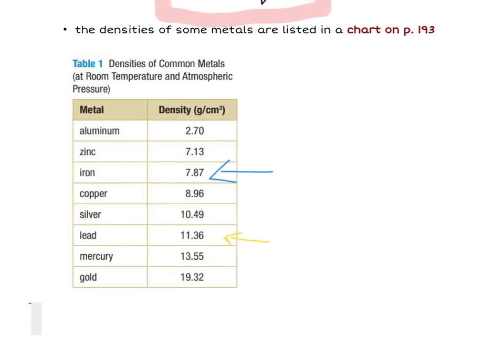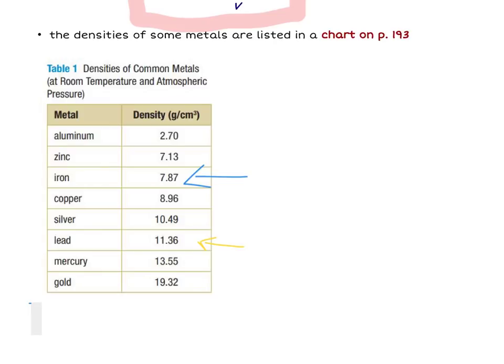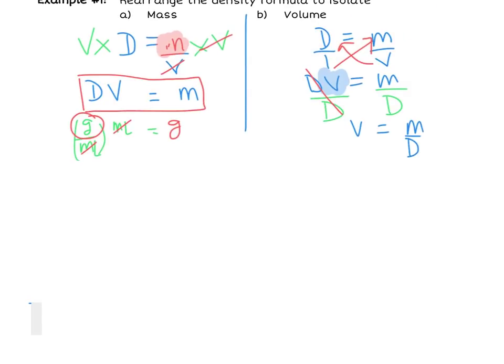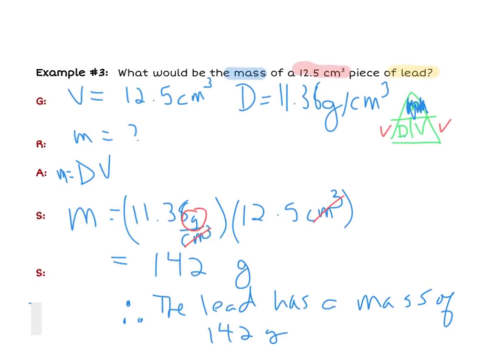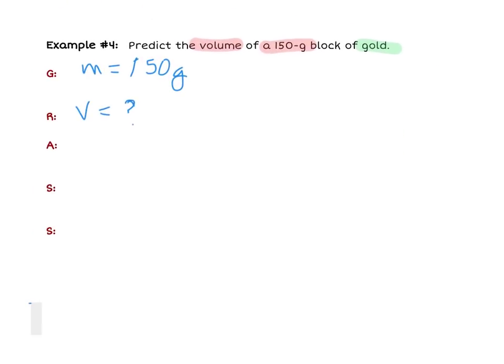And I'm going to see that gold has a density of 19.32 grams per cubic centimeter. So I'm going to write that out. My density is 19.32 grams per cubic centimeter.